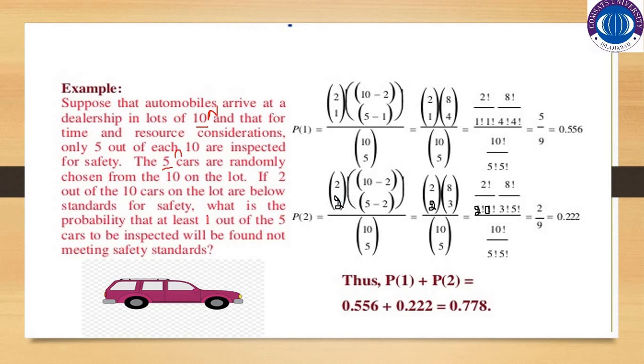And as we are interested in finding the cars which are not meeting the safety standards, it is written here that 2 out of 10 cars on the lot are below standards for safety, so here k is equal to 2.